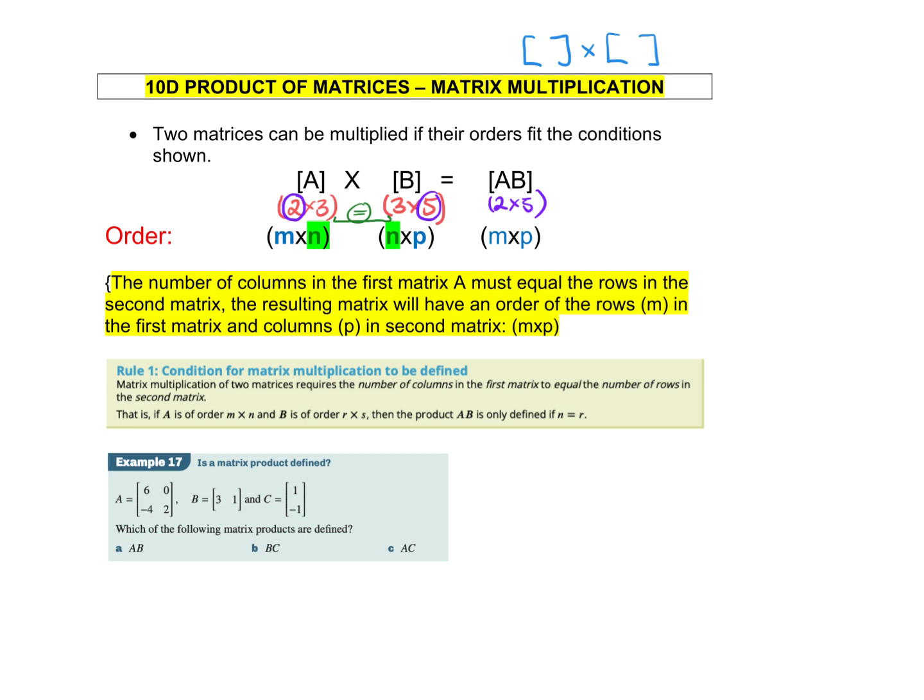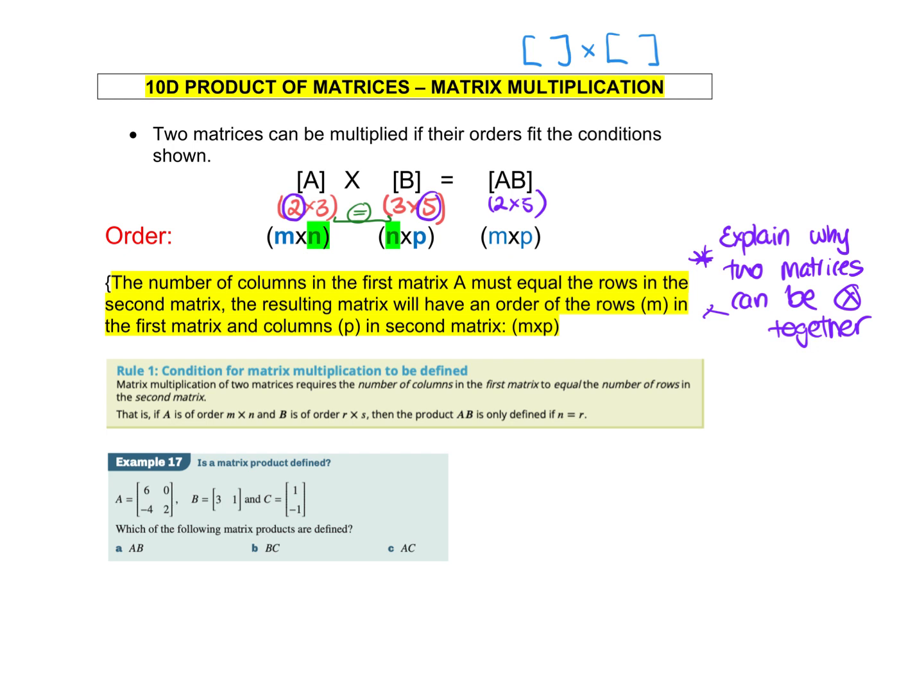Now, write a little note. See how this is written in yellow? So when they ask you to explain why two matrices can be multiplied together, you are going to write that statement out in that yellow.